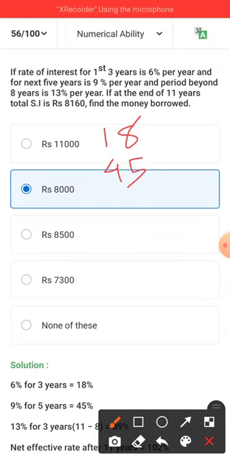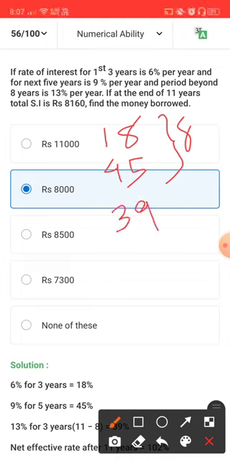Then the period beyond 8 years, this constitutes 5 plus 3, 8 years. At the end of 11 years, that is 8 plus 3 is 11, so the last 3 years it is 13%. 3 into 13 is 39.